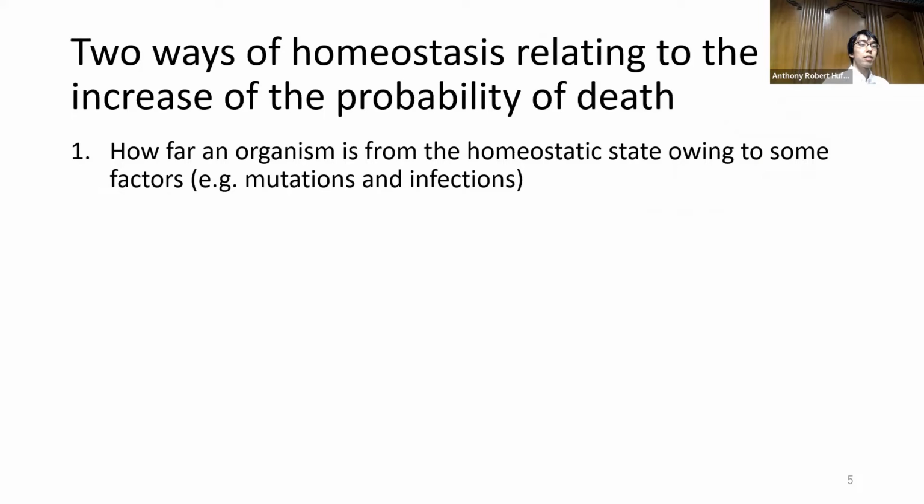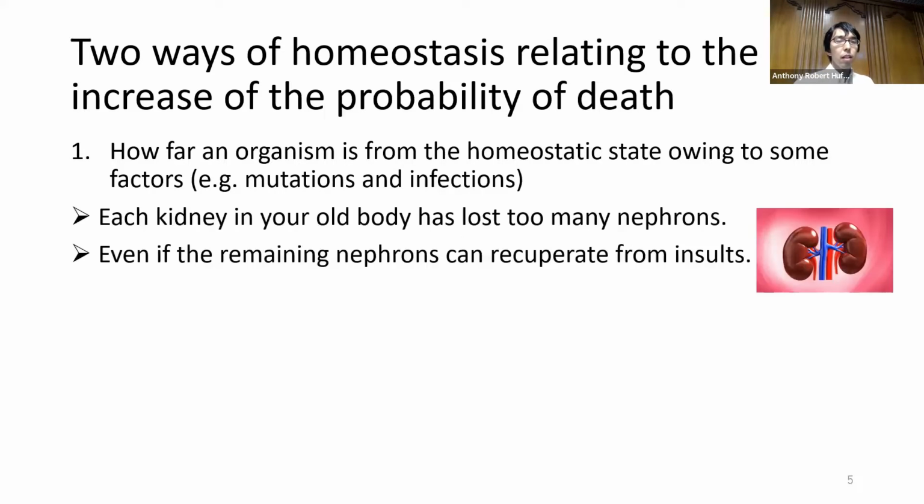The first way is about how far an organism is from the homeostatic state owing to some factors such as mutations and infections. Let me take an example. Suppose that you are quite aged, and each kidney in your old body has lost too many nephrons. In that case, you are far from the homeostatic state, even if the remaining nephrons can recuperate from insults.